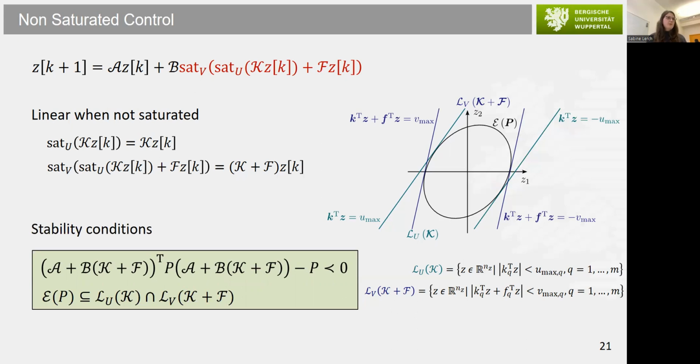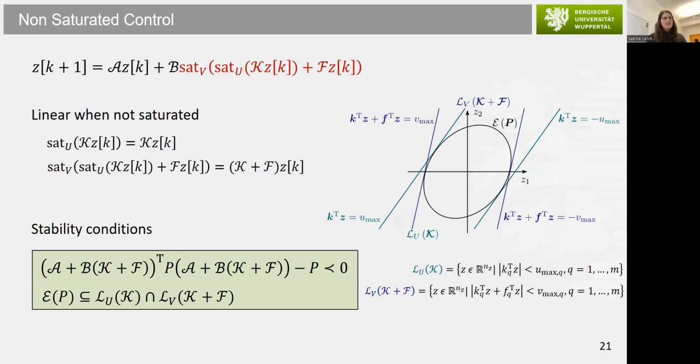But this way, we will never reach the saturation limits. So we have less degree of freedom. Something like bang-bang control would not be possible. And the input variables would always be smaller than necessary. So the decay would be slower, and obviously the optimization is limited.